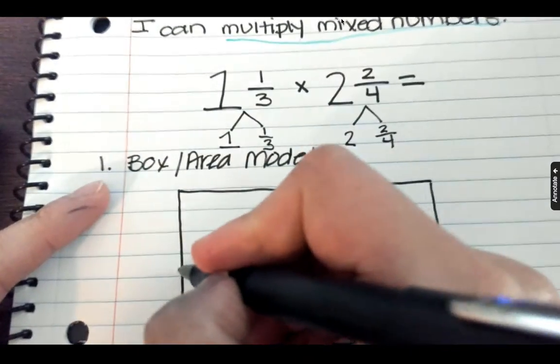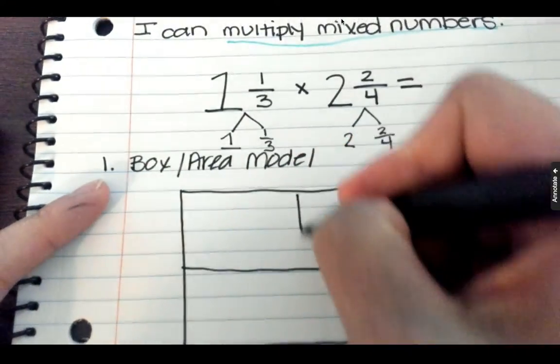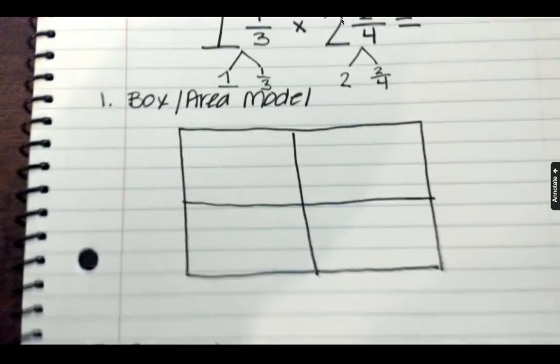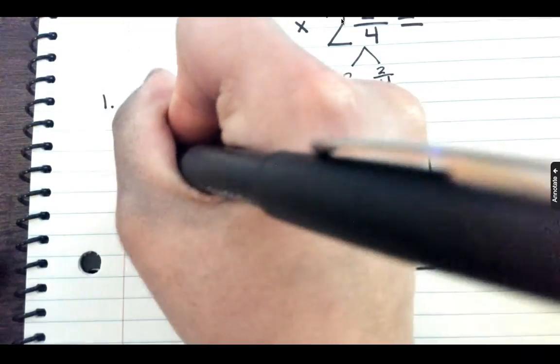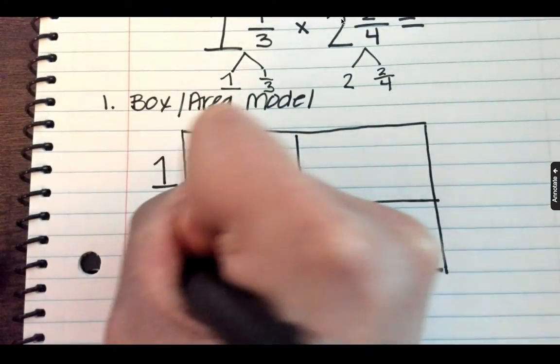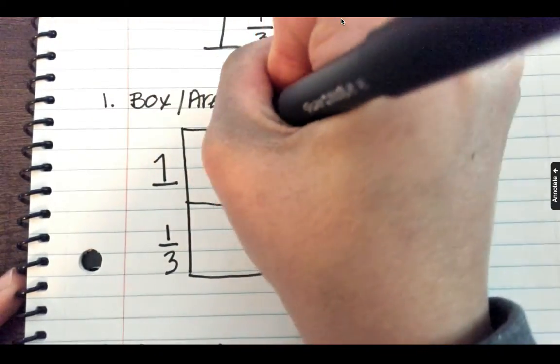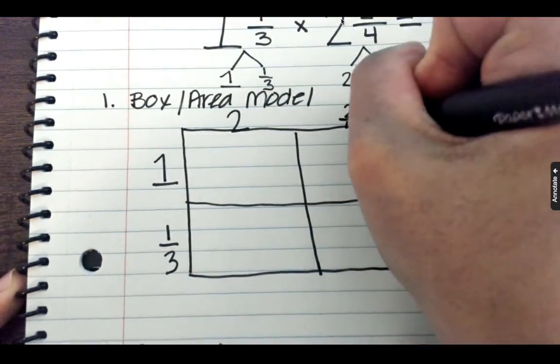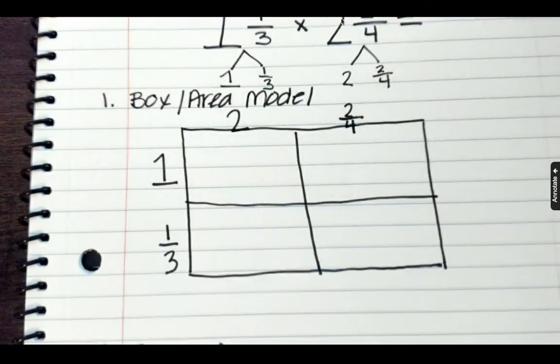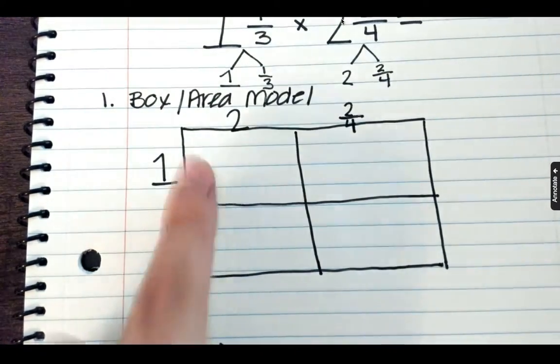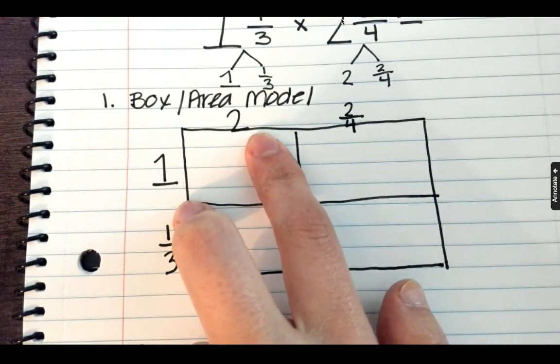Now, on the side of our box, we're going to show those numbers split up. So 1 1/3, and 2 2/4. In our box, these are the two that we're multiplying together.